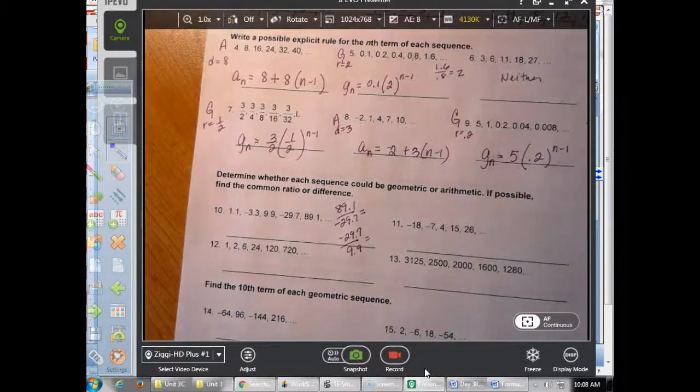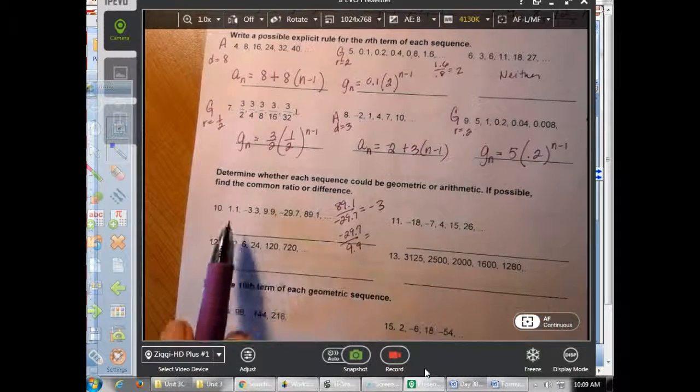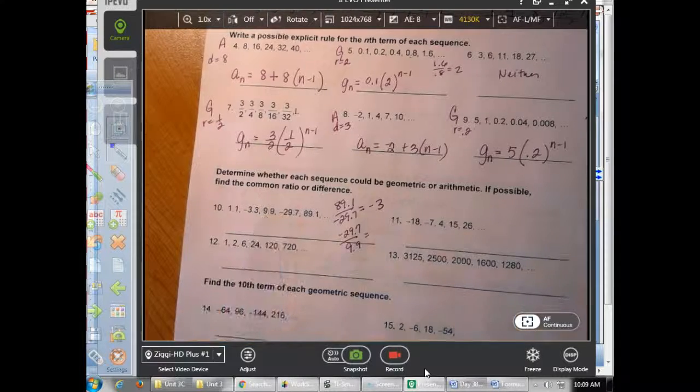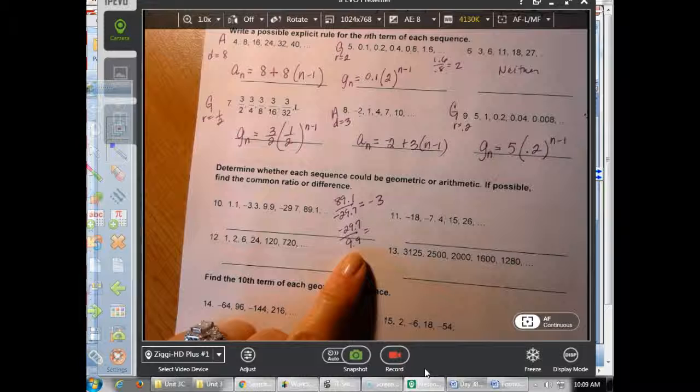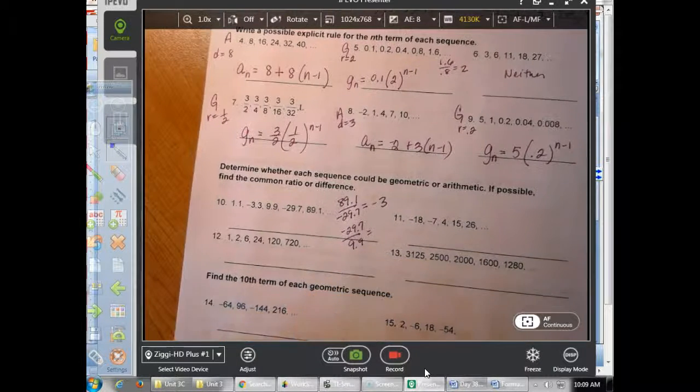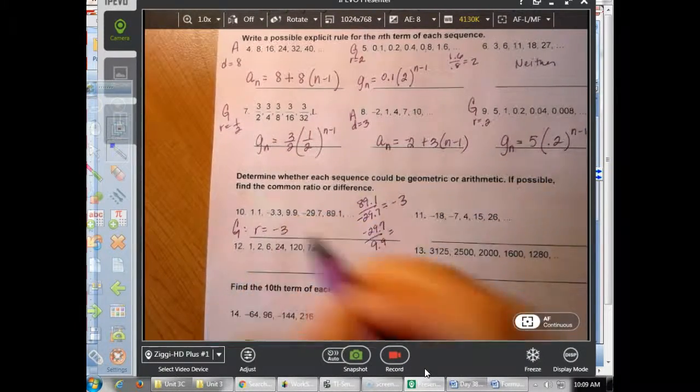So 89.1 divided by -29.7, and I get a -3. Now, if I look at the first one, that does fit that initial pattern as well, but let's just double check this, -29.7 divided by 9.9, and I get a -3. So this is definitely geometric, and the ratio is -3.